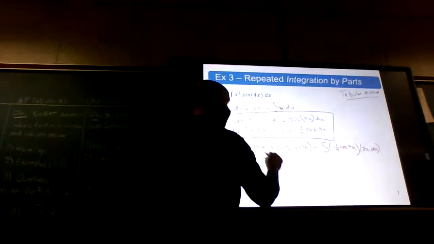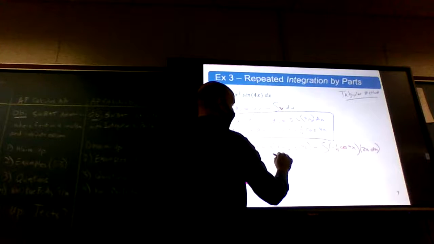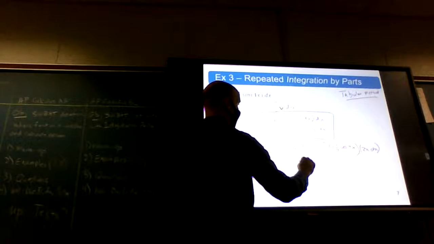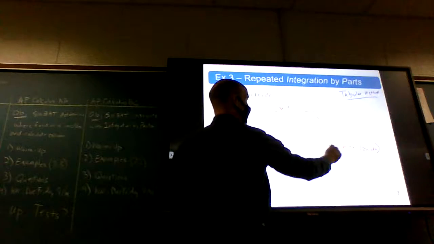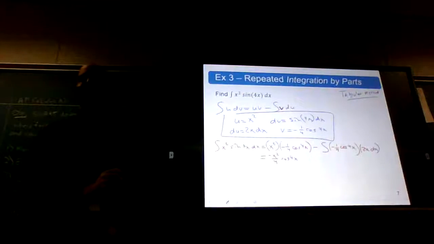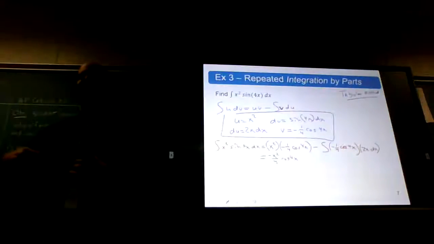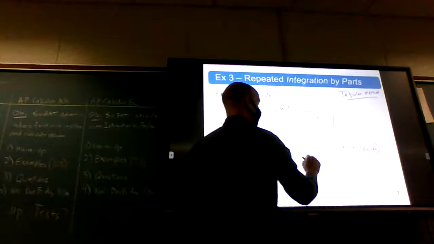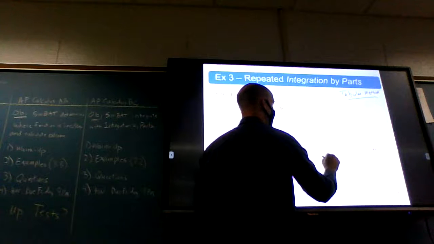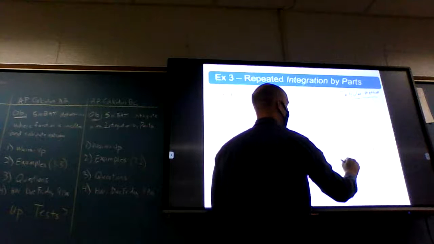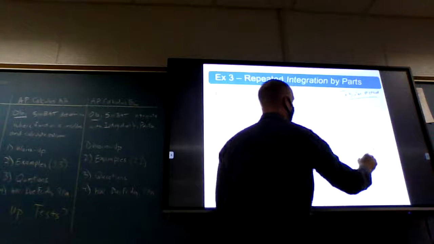So that's going to give me, and I'm not going to be done with this yet, x squared over 4 times negative cosine 4x. And then minus and minus makes that positive, agreed? And then this 1/4 and that 2 would become 1/2. So this is going to become plus 1/2 the integral, and I'm going to write the x first, of x cosine 4x dx.